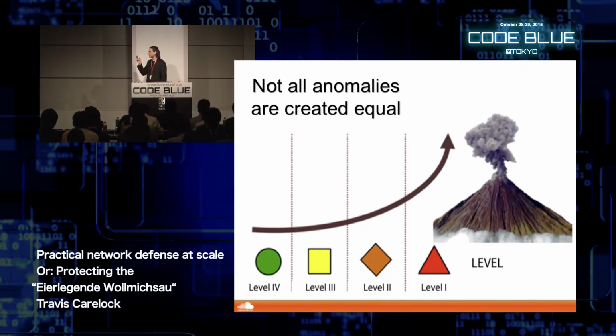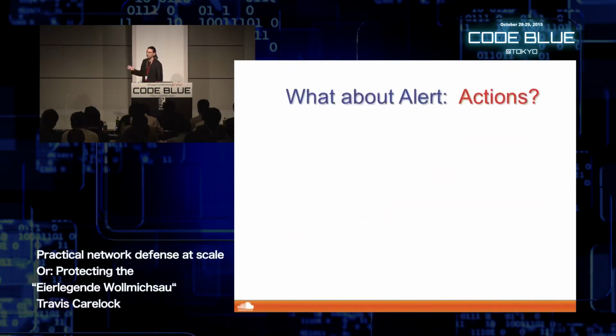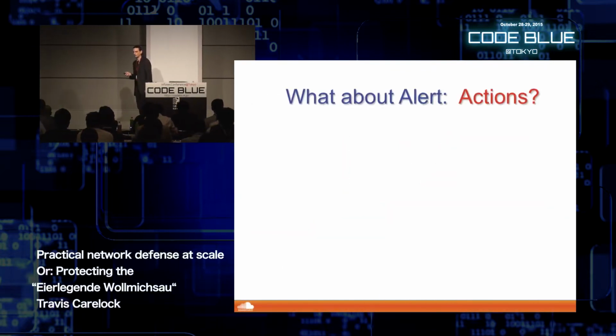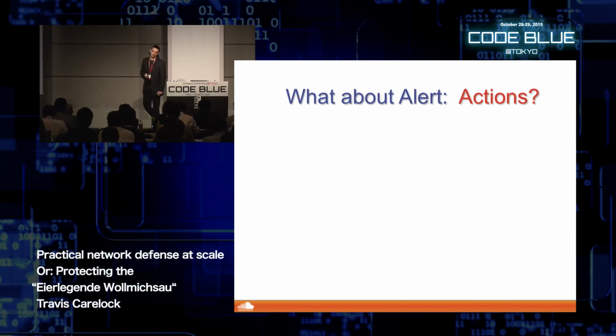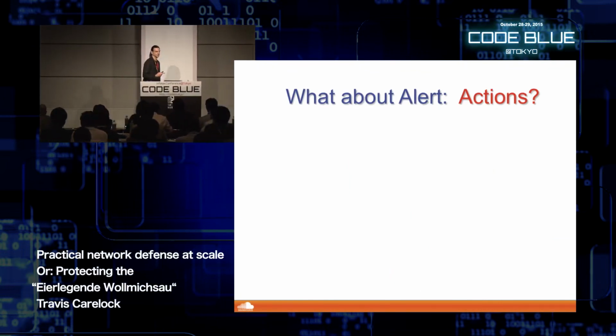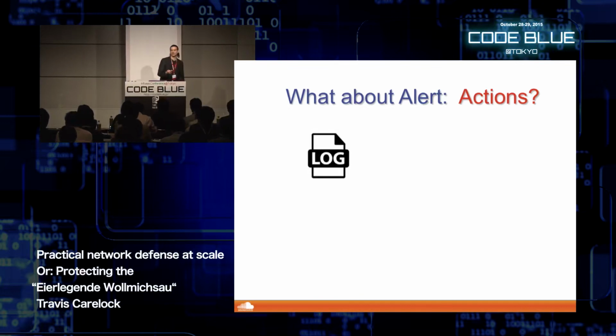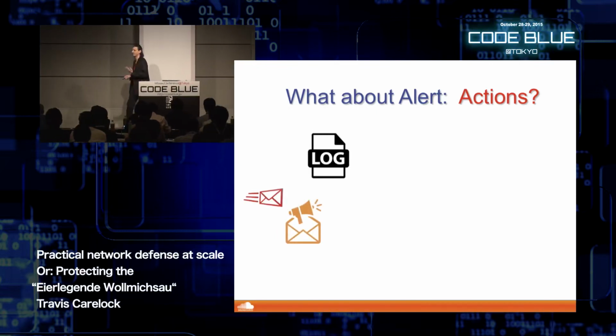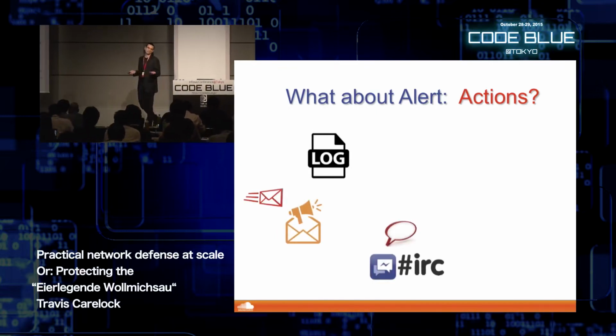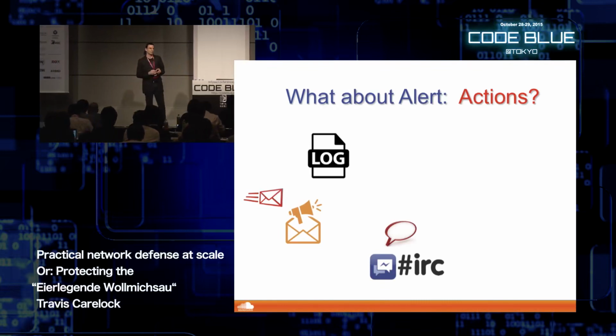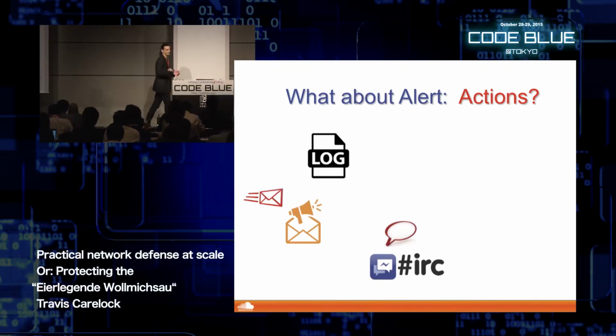So because not all anomalies are equal, the alert actions that result from the anomalies should not be equal as well. So you have to have categories of alert actions. Some alert actions, you might just want to log. Just create another log if that happened. Some alert actions, you might want to mail. Some may send an IRC or an IM or a Slack. Slack's all the rage now.